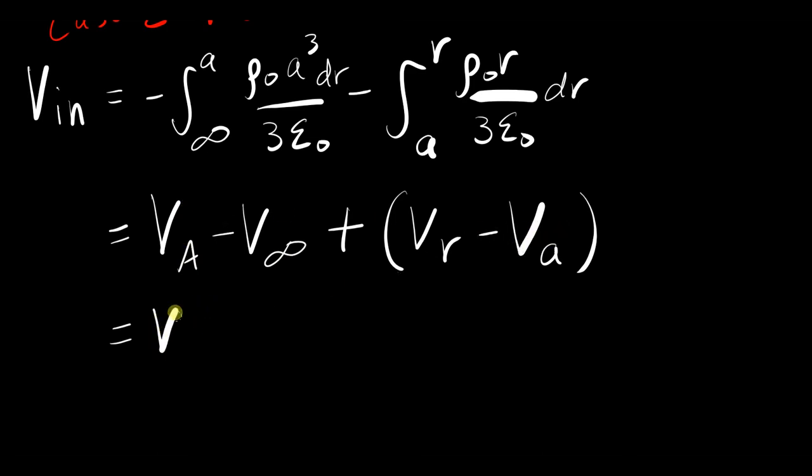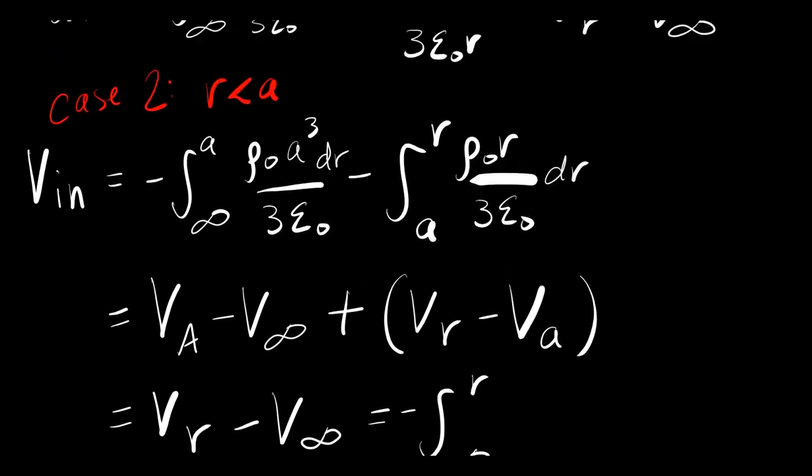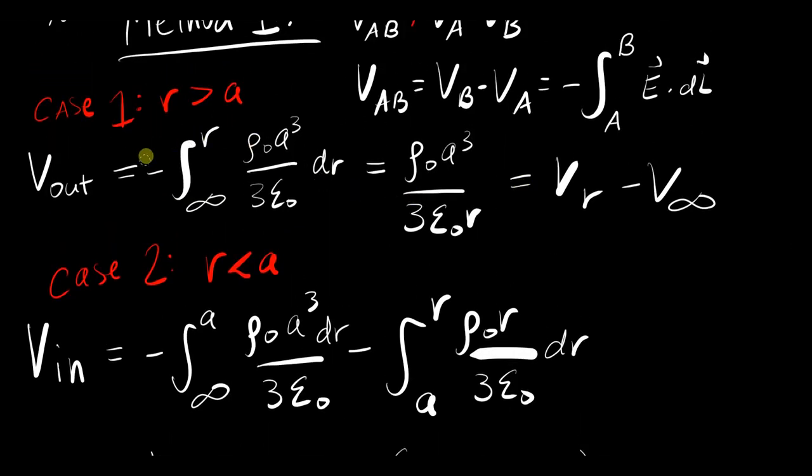So this is equal to VR minus V infinity, which is exactly what we were working with earlier. This is VR minus V infinity, or potential at R with respect to infinity, which is exactly the same as what we were working with in our simpler case, potential outside.